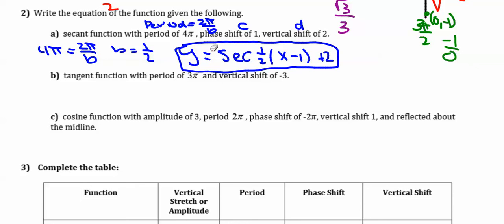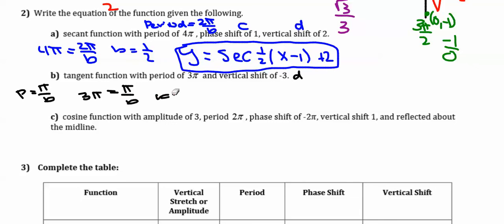All right, next is a tangent function with a period of 3 pi. So remember, for tangent functions, the period is pi over b, and a vertical shift of negative 3. So that is going to be the d value. So if my period is 3 pi equals pi over b, let's go ahead and solve for b.